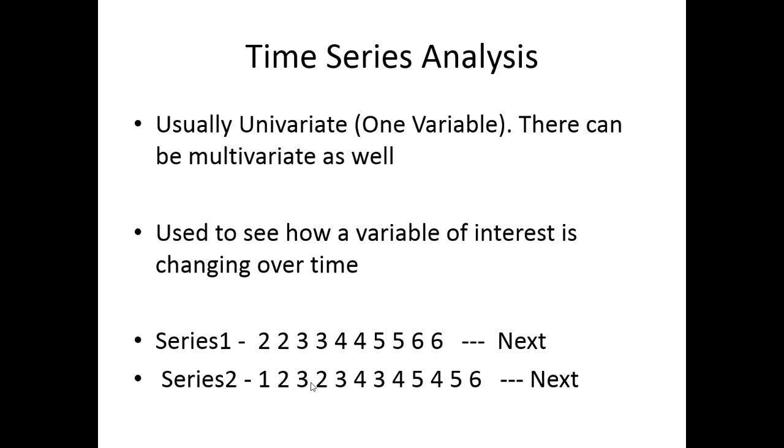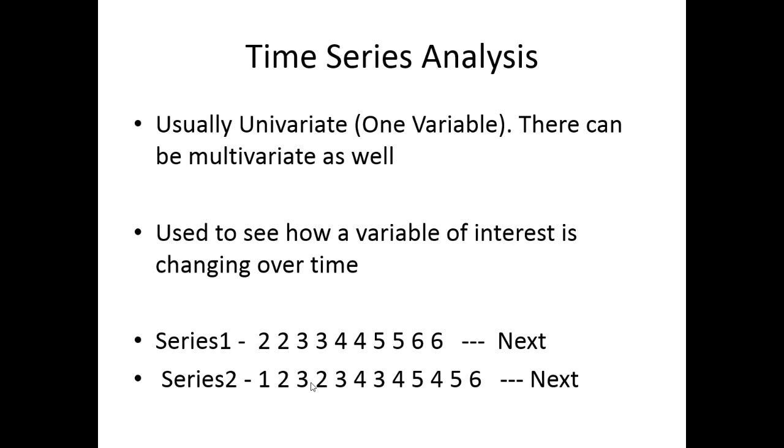But it's not very simple, because the beautiful pattern that you can see in these two series is not going to be there in real data. It's going to be very random, and within the series you will find some kind of pattern and then some kind of randomness.